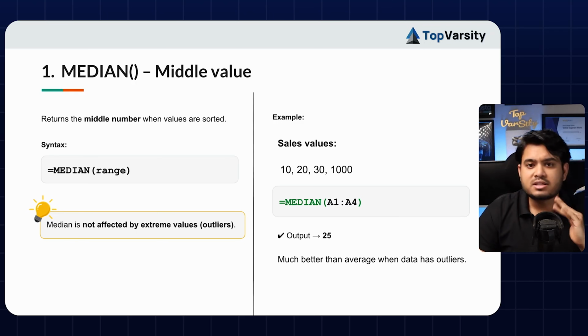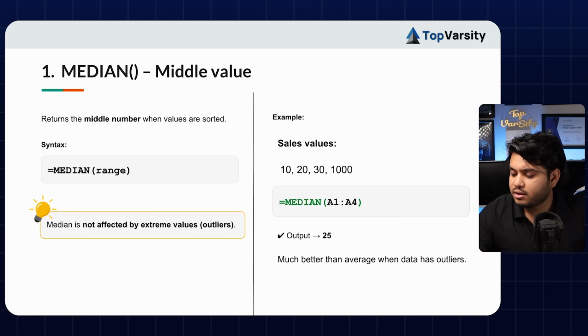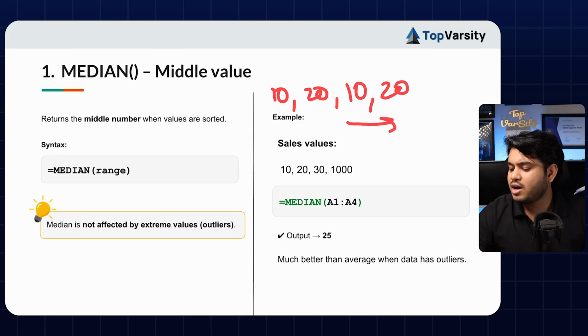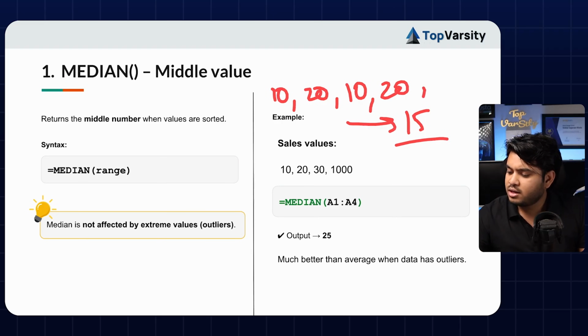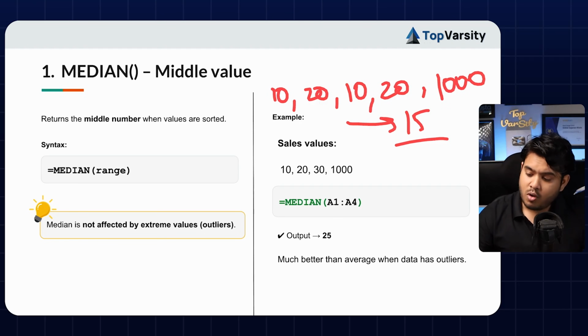So first of all, let's consider we have 10, 20, 10, 20. The average will be around 15, right? But if I write one more value like 1000, the average will go up and it will be more than 100, right? 100 plus.